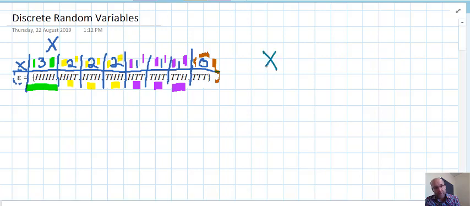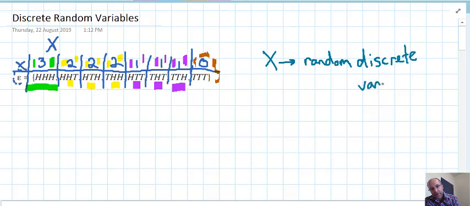So X is our random variable, but it's also discrete because it takes on discrete countable values. In a previous video, I went over discrete and continuous variables or data.